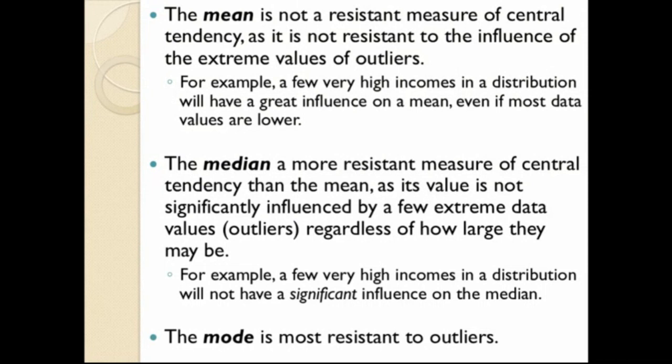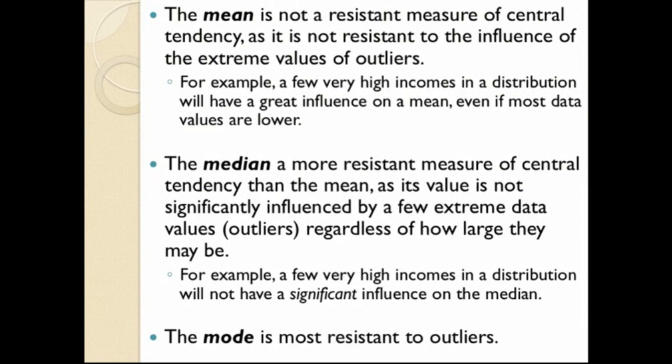Okay, the mode is the most resistant measure of central tendency to outliers. So when we say outliers here, in this example, when you consider incomes as outliers, if most of your distribution is full of low incomes, and then you have a few numbers in the 200,000, 300,000 range, those numbers would be outliers.